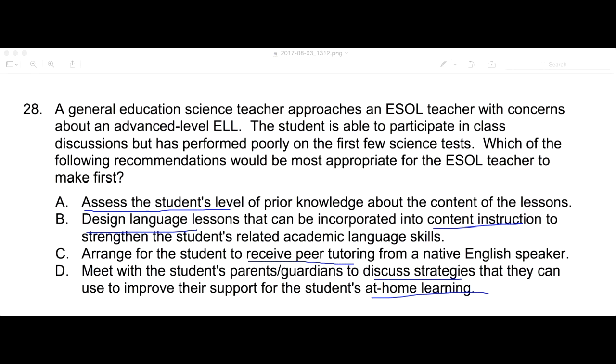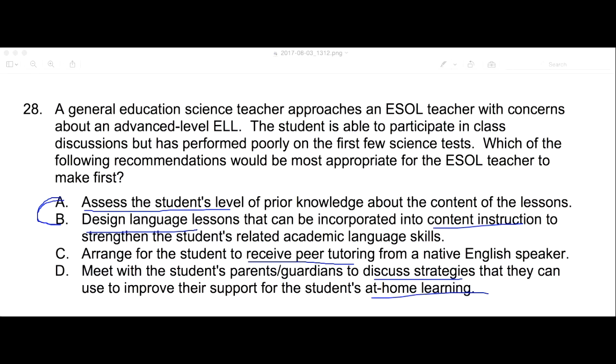All right, follow this here. I'm seeing a theme going on. I am looking at A and B. A and B are teacher directives. Teachers are assessing student knowledge. Teachers are designing lesson plans. So in my mind, I'm going to link these two answers together as a theme: teacher-centered. Students receiving peer tutoring, that's working with another student, and this is parents.